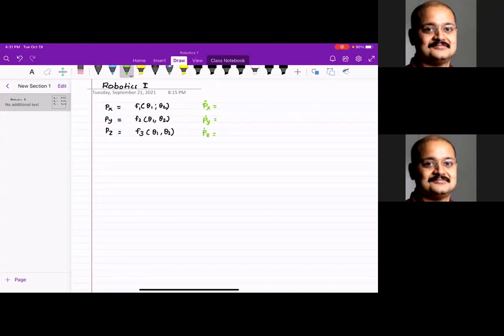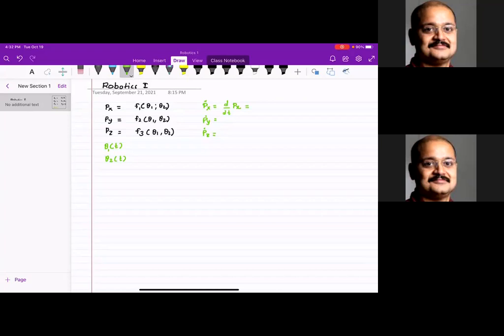Now I want you to pay attention to something very important here. I want you to understand that theta is a function of time. So theta 1 is a function of time. Theta 2 is a function of time. But we want px to be differentiated with time, d by dt of px.